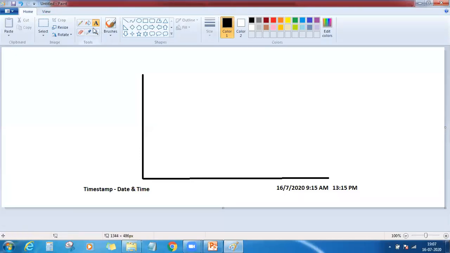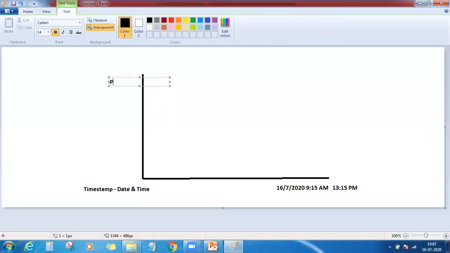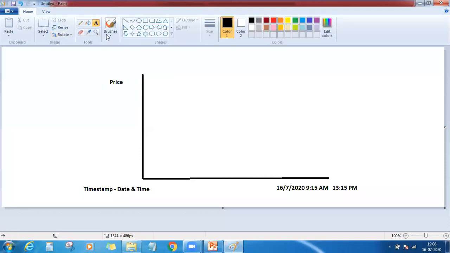And on the y axis you're going to have the price. From 0 it will be going until infinity, because each stock has its own price, so the axis cannot be fixed.